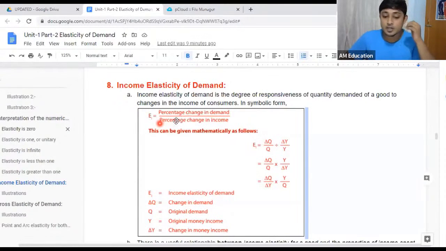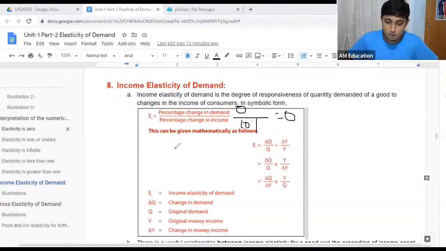However much the percentage change in income, the change in demand is not happening. That's when you get zero by some number: 0 by 30%, 0 by 40%, 0 by 80%, so 0 by 80% being zero. Percentage change in demand is 0%, percentage change in income is 10%, so the answer is 0 here.